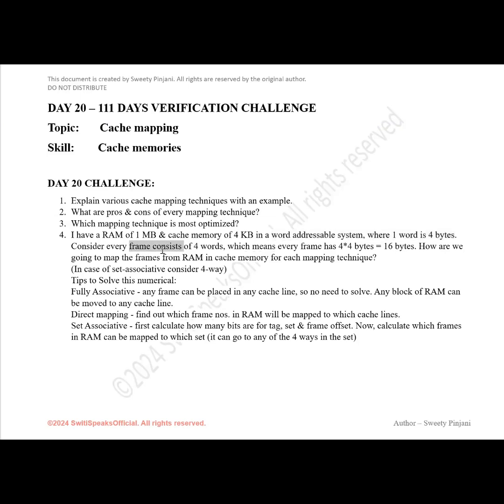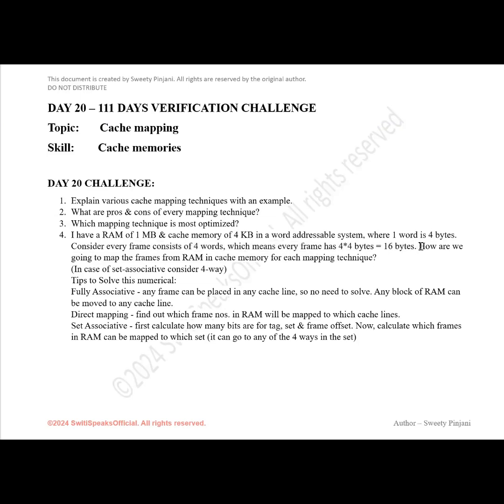In one frame of your memory, you can have 4 words. And every word is already of 4 byte. So 4 into 4, total 16 bytes will be your frame size. Frame size is of 16 bytes.